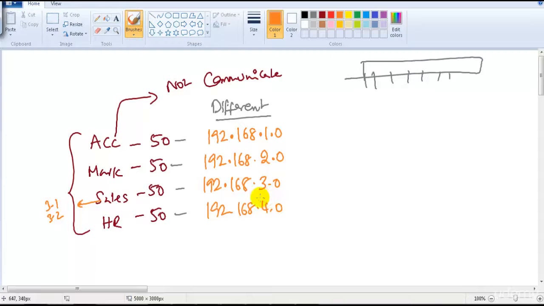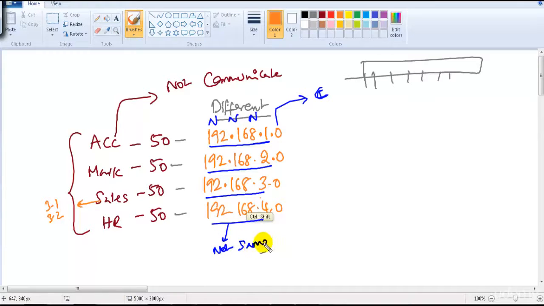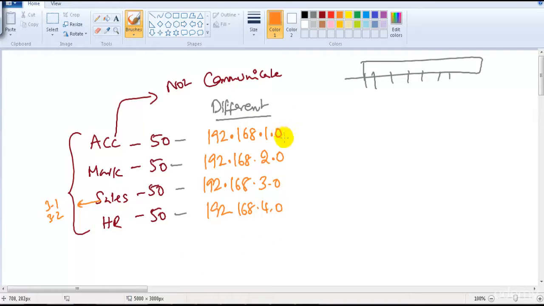In a C-class network, by default, there are three network portions, and to be in the same network the network portion has to be the same, but here they are not. So can they communicate with each other without a router? They cannot. I'm making them logically different networks so that they do not communicate with each other.